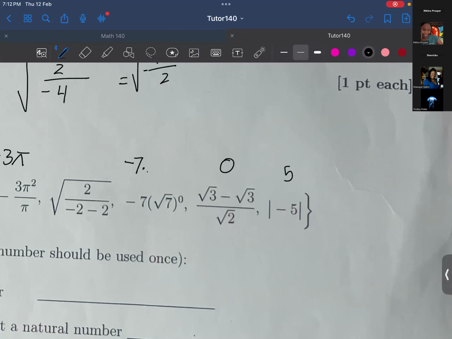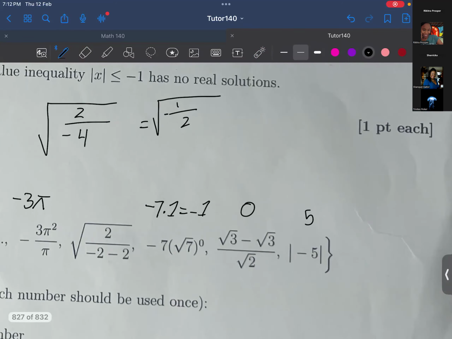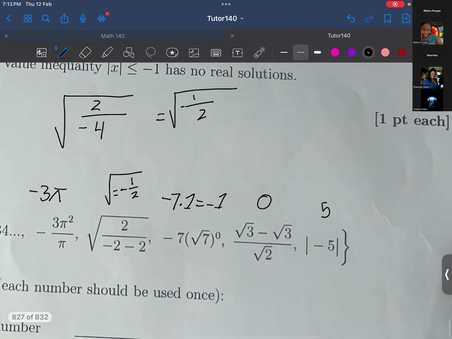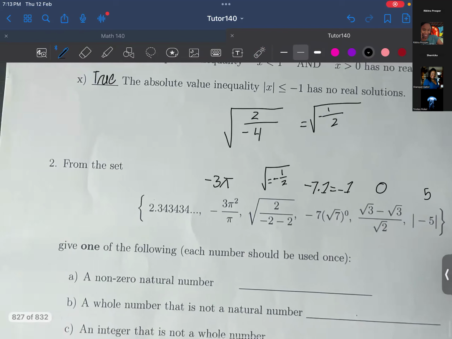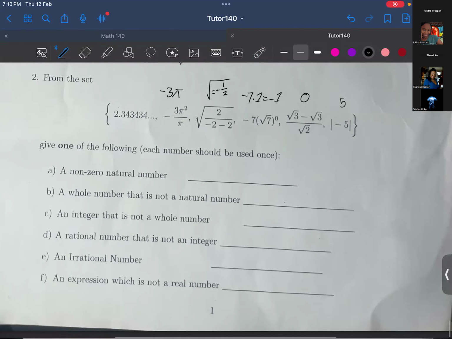Negative 7 times 1, which is equal to negative 7. This is the square root of negative 1 over 2. Okay, make sure everything's simplified. Okay, so give one of the following, a non-zero natural number.